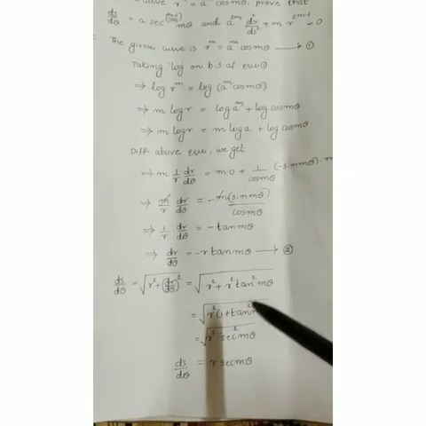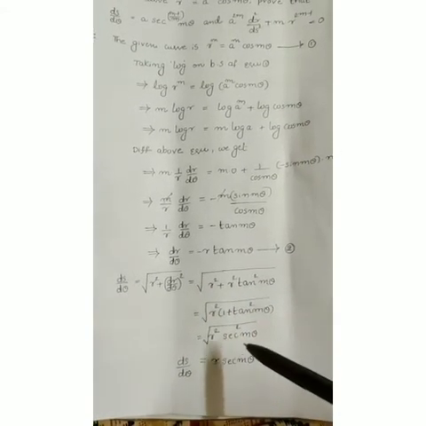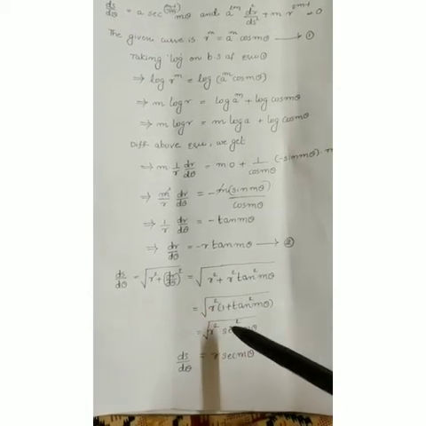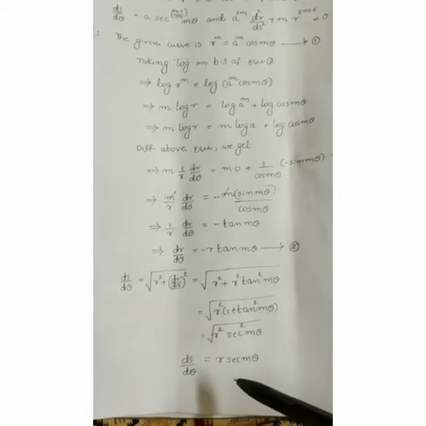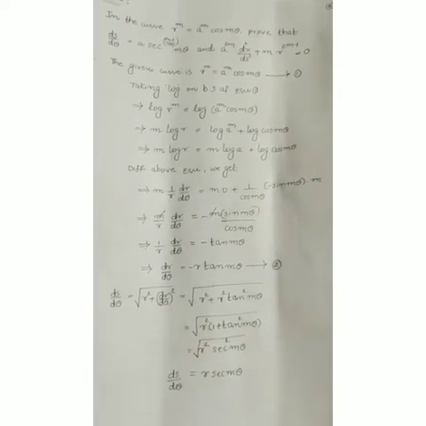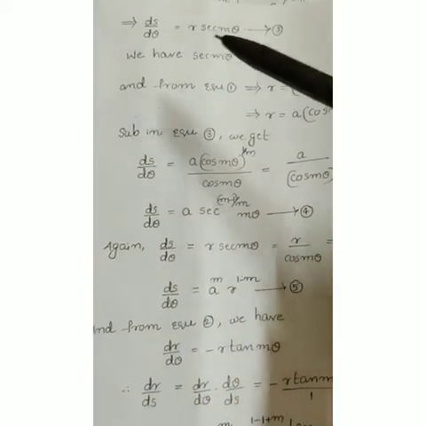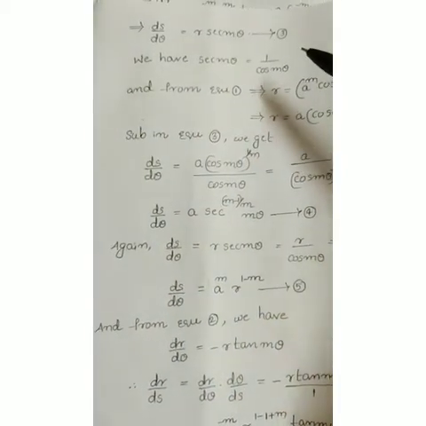We have the formula 1 plus tan square theta equal to secant square theta, so that r square into secant square m theta. This can be written as (r into secant m theta) whole square. So here square and root get cancelled. So remaining ds by d theta equal to r into secant m theta. This is equation number 3.